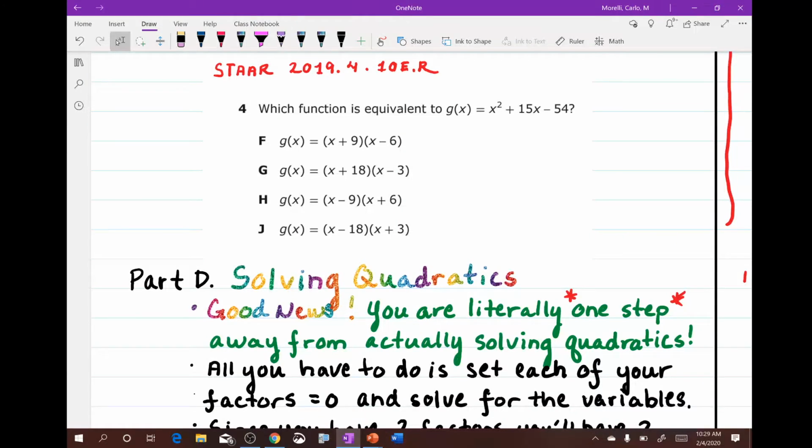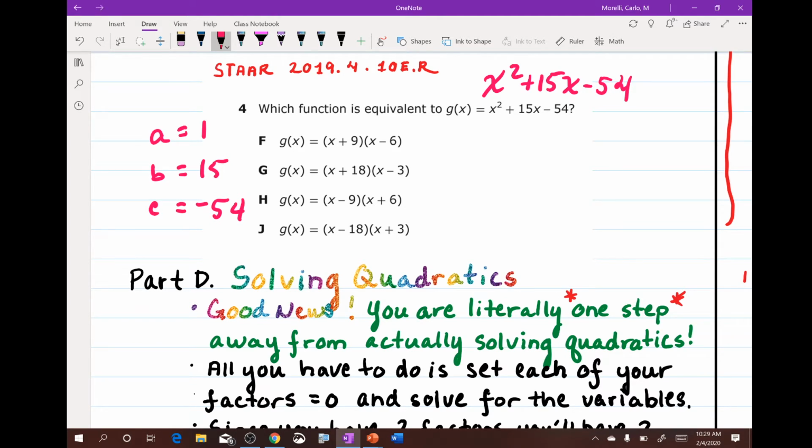Now you're going to do a star question. So let's factor this. Here it is right here. X squared plus 15x minus 54. It says which function is equivalent to blah, blah, blah. So let's first identify what's A, B, and C. Because C is negative, that means that the signs will be different.